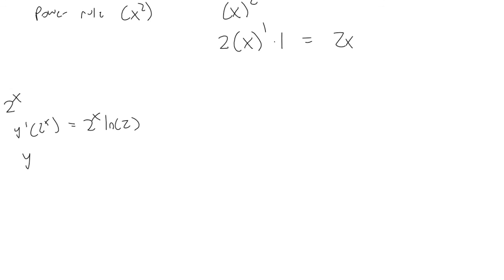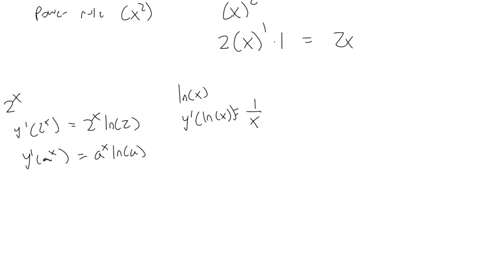And so basically we can generalize this to say that the derivative of any value raised to the x power, as long as it's not a variable like x, is going to be a to the x times ln of a. And so some other ones. Let's say we have ln of x. Since we're here, the derivative of ln of x is quite easy to remember. It's just 1 over x.